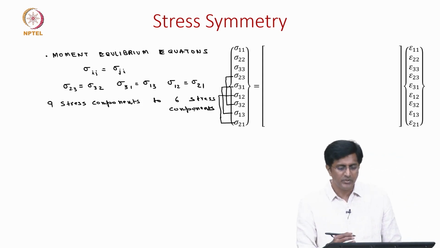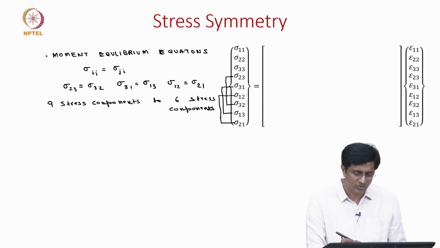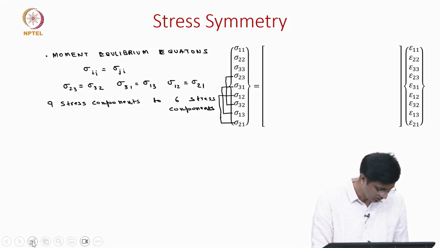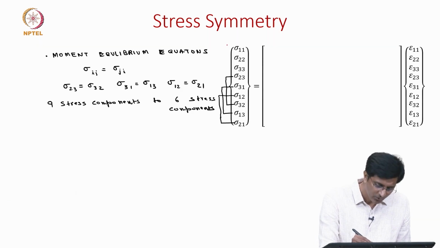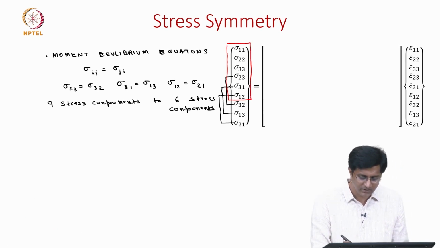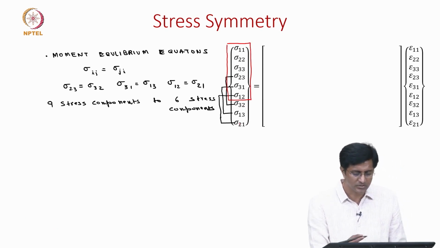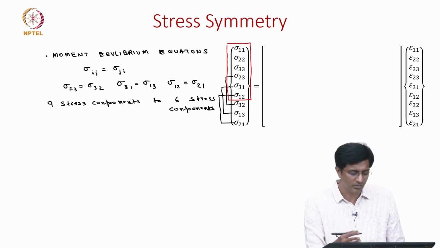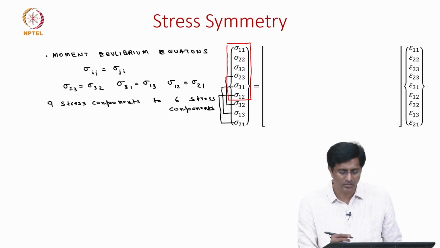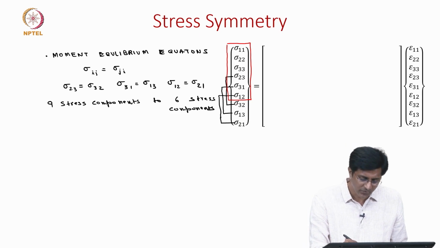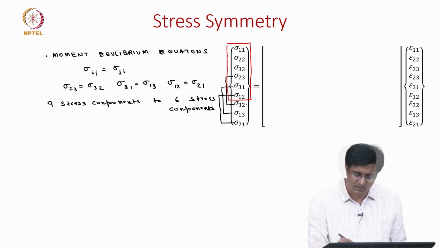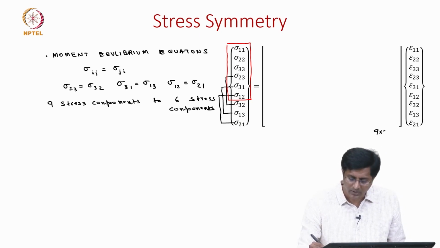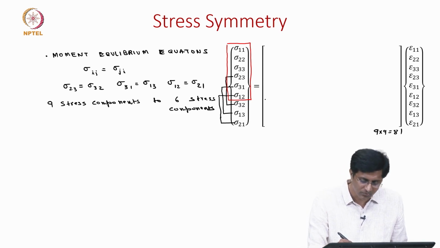So, instead of looking at all the 9 stress components, we can only focus on the top 6, because once we know these stresses, we can easily write what the remaining 3 stresses are, because these are shear stresses which have complementary terms. So, instead of starting from 9 by 9 elastic constants, which is 81, we could focus only on the first 6 rows.